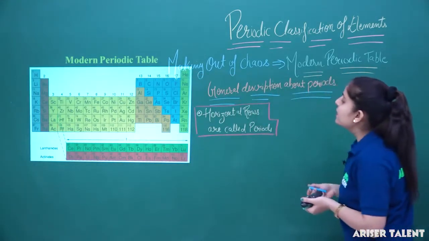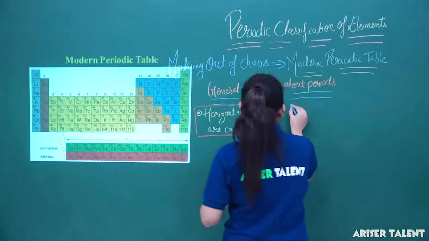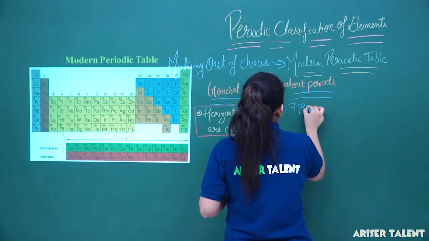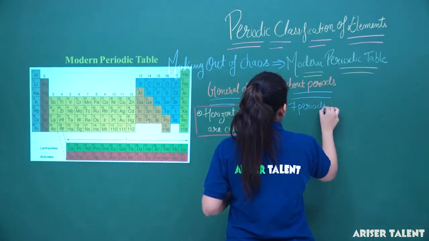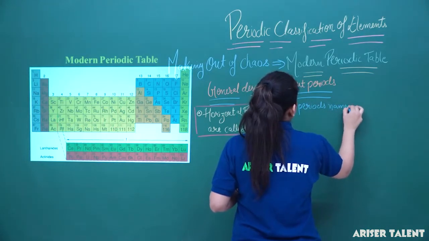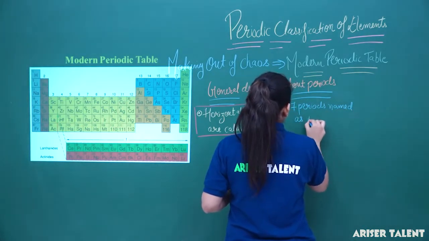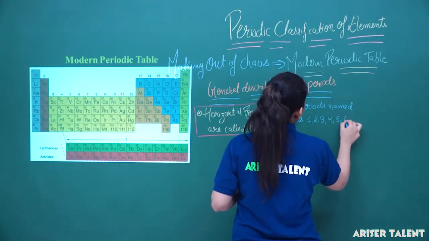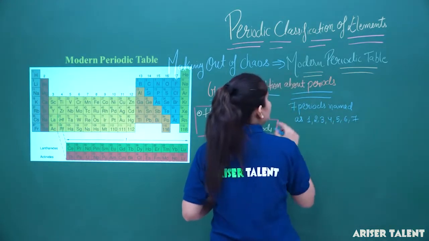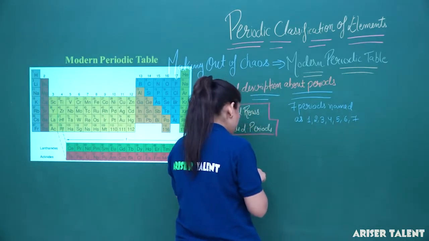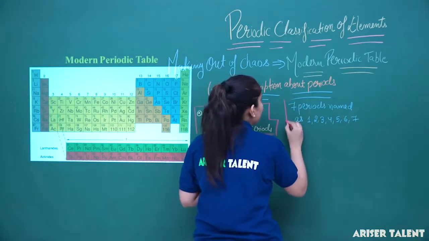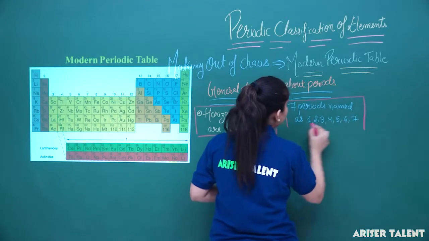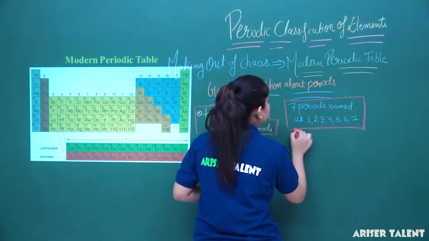The second point we are considering here is that the 7 periods are named as 1, 2, 3, 4, 5, 6, 7. The 7 periods can be written like this.